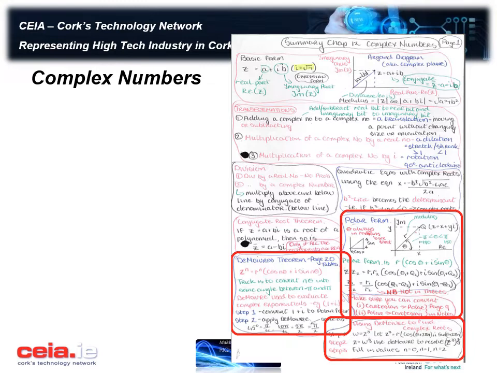So we have the polar form itself. What is it? And then following on from the polar form of complex numbers, I will introduce you to the Moivre, and then finally applying the Moivre to find complex roots. So those are the topics within complex numbers that we'll be looking at now.